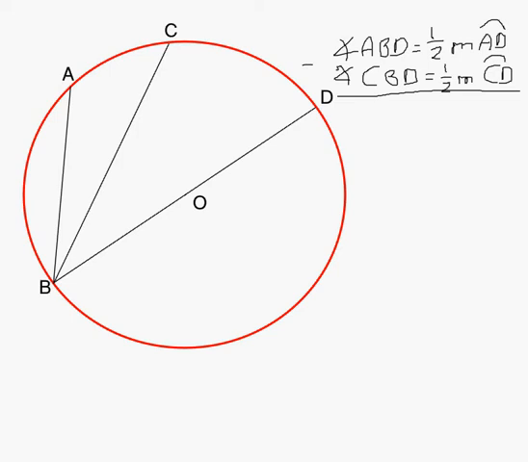The left side will give us angle ABD minus angle CBD, which we know is angle ABC, is equal to 1/2 times the measure of arc AD minus the measure of arc CD.